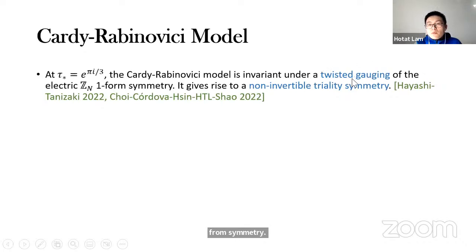When I talk about twisted gauging, what I mean is that you can imagine that you stack this SPT on top of the theories, and then you gauge the symmetries. So it turns out that this twisted gauging also defines a non-invertible symmetry, but it defines a more novel kind of non-invertible symmetry, which we call a non-invertible duality symmetry.